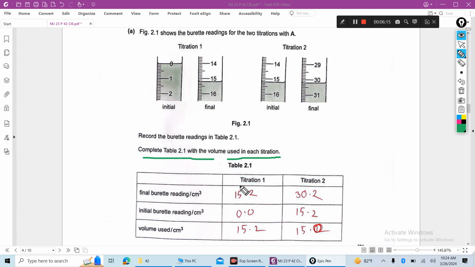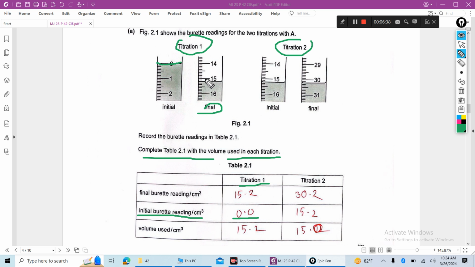You see titration 1, initial burette reading, this is the initial, you see 0, the liquid meniscus is 0, and this is the final, 15.2.